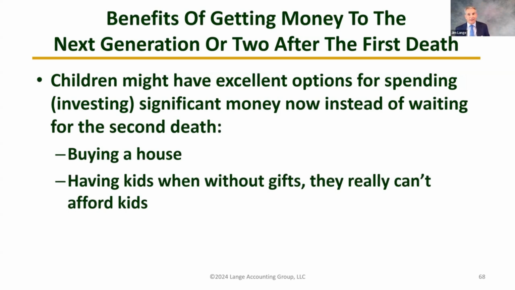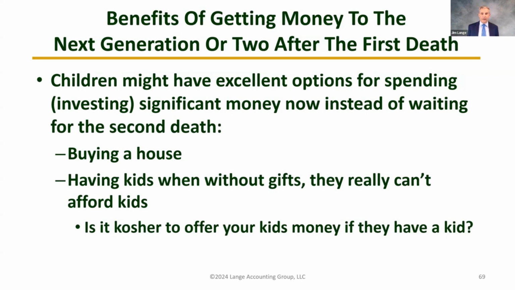And the timing of when they get their money, I actually think is very important. And then I'll leave this question to you. So let's say that your kid wants to have kids, but they're not quite financially ready to have kids.